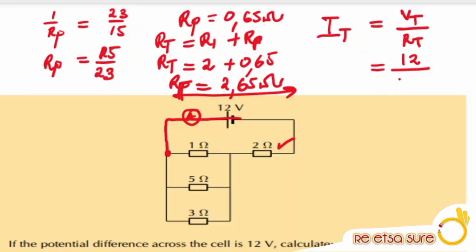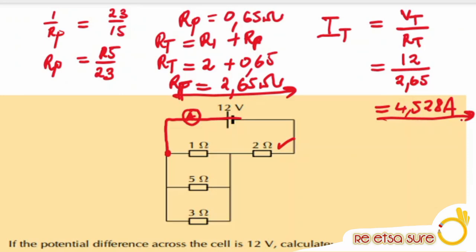R of the circuit is something like 2.65. So when you divide 12 by 2.65, we get something like 4.528 amperes, meaning this is the current that is flowing throughout the circuit.